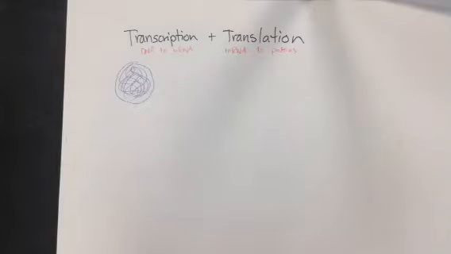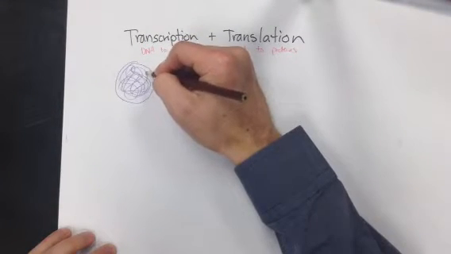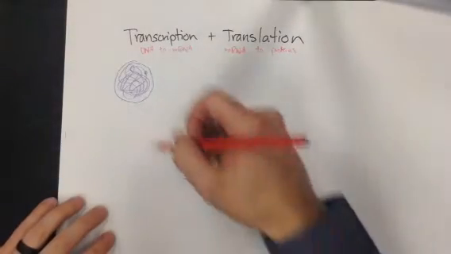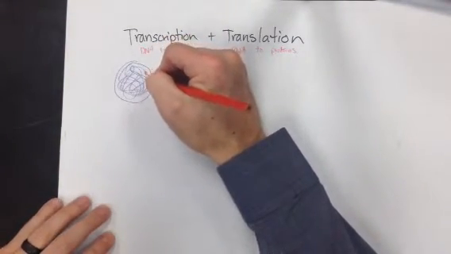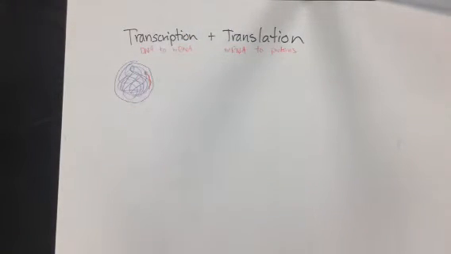An enzyme called RNA polymerase will come in and go to a certain section of the DNA. It will transcribe a message and create a strand that copies down the code, and that's where transcription happens.